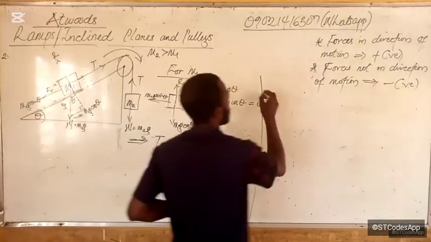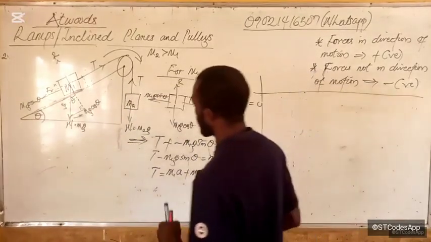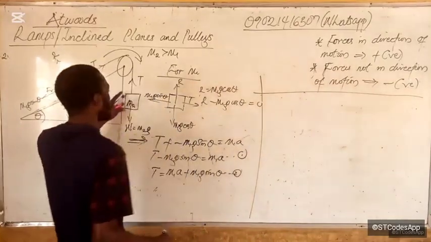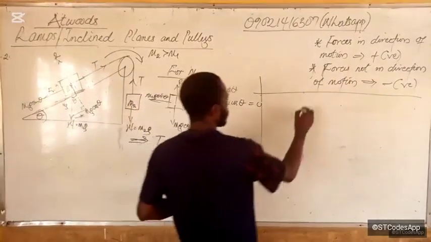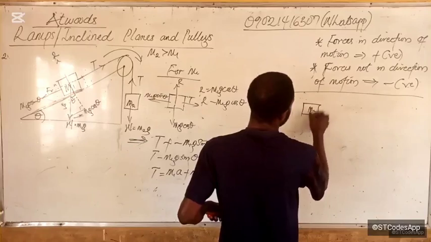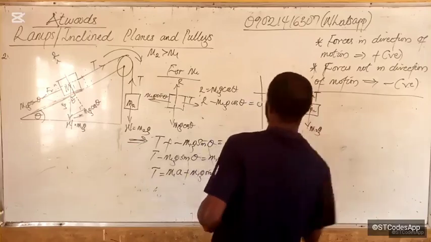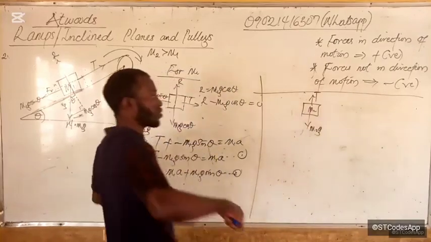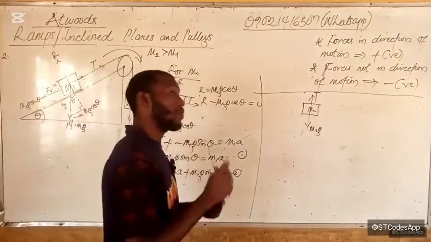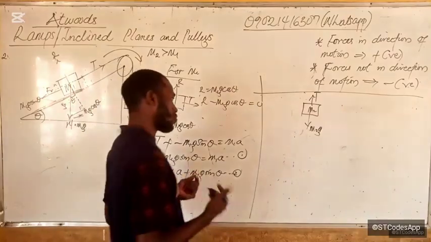And let's now resolve for the sum of forces on M2. M2, because it's not on any surface, we know that the free body will look like this. What is acting downward? M2g. And what is acting upward is tension. Tension always acts upward for a body that is suspended, always acting opposite direction of weight, which will be upward in this case.